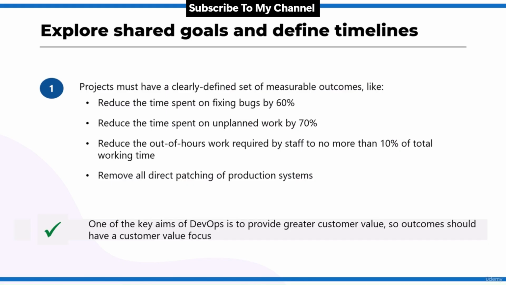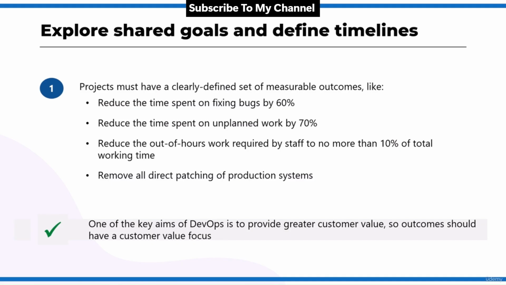Reduce the time spent on unplanned work by 70%. Reduce the out of hours work required by the staff to no more than 10% of total working time. These all are achievements. These all are measurable outcomes which we can achieve by applying DevOps.